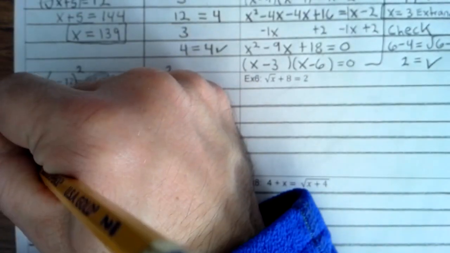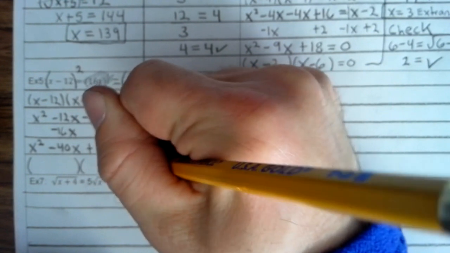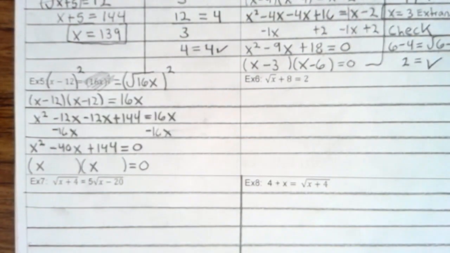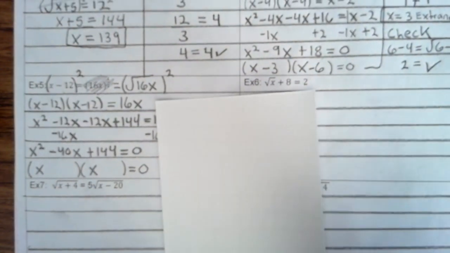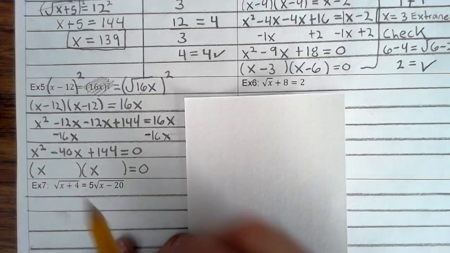So now we need to factor. We know x and x make x squared. Now we need to find all the combinations that make 144 and combine to be negative 40.